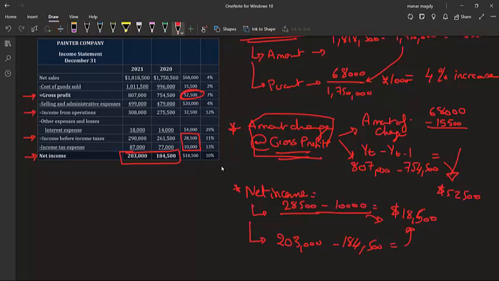I know it seems very obvious at this point, but this specific detail will help you later on when you study or when you apply vertical analysis. Just keep it in your mind for this time, okay?